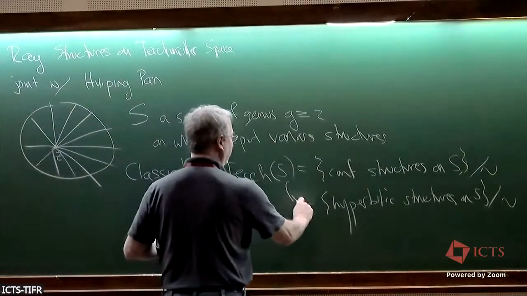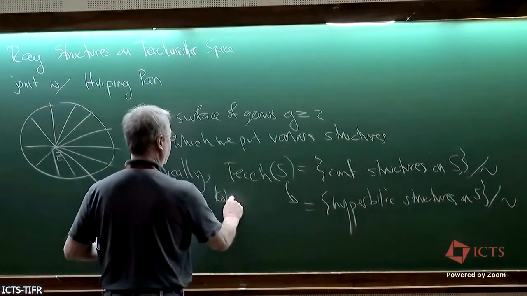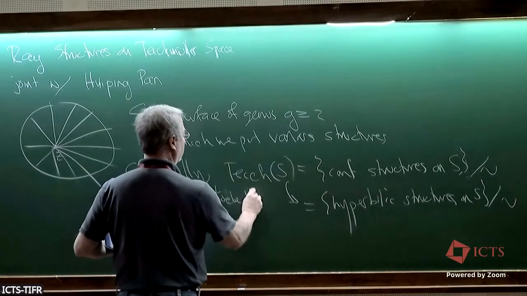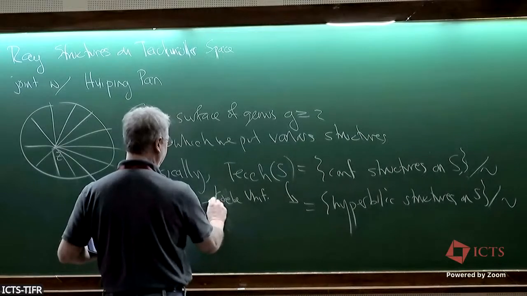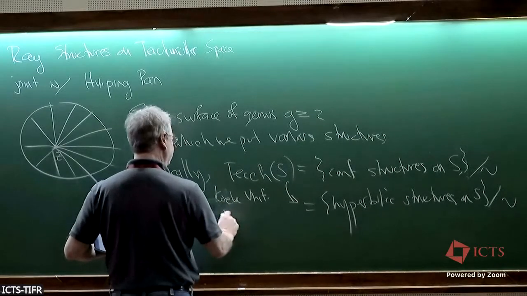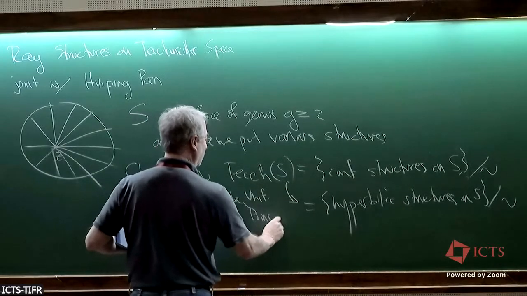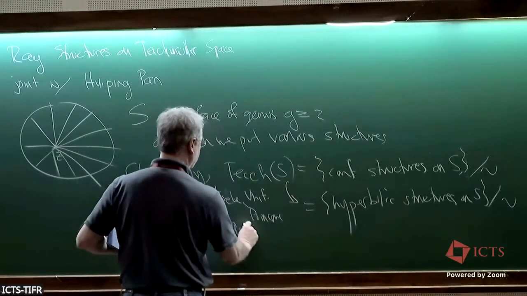And the equivalence between these is the famous Koebe uniformization theorem. Maybe Poincare is in here somewhere, maybe I'll put Poincare in here, both around 1907.